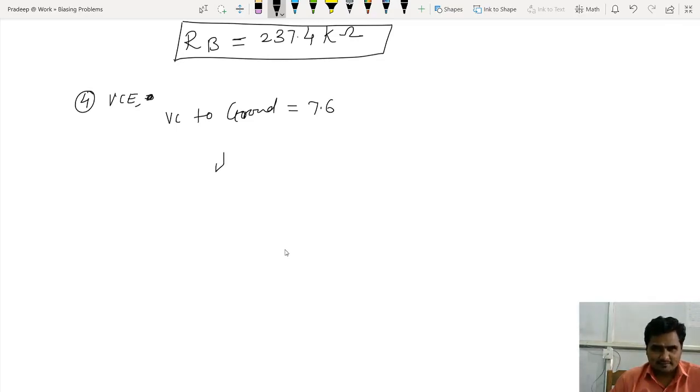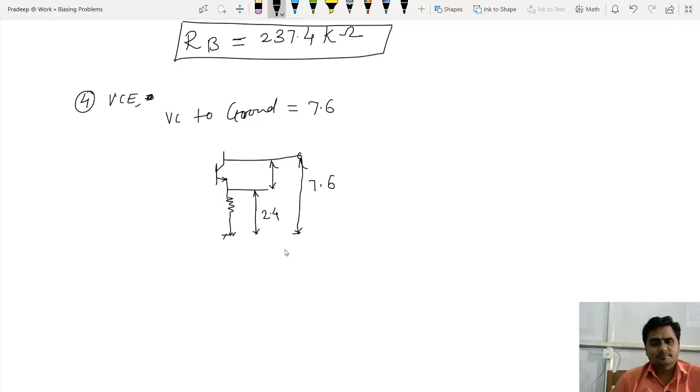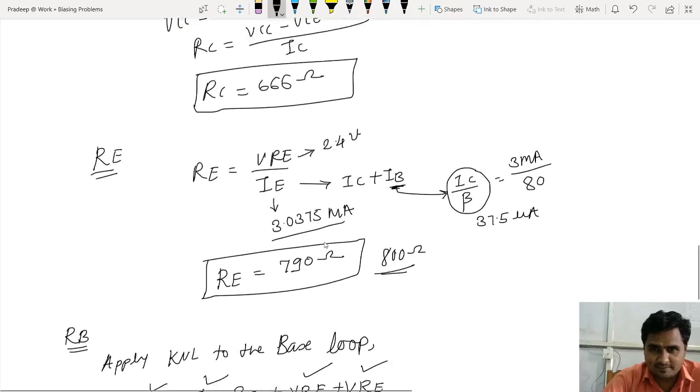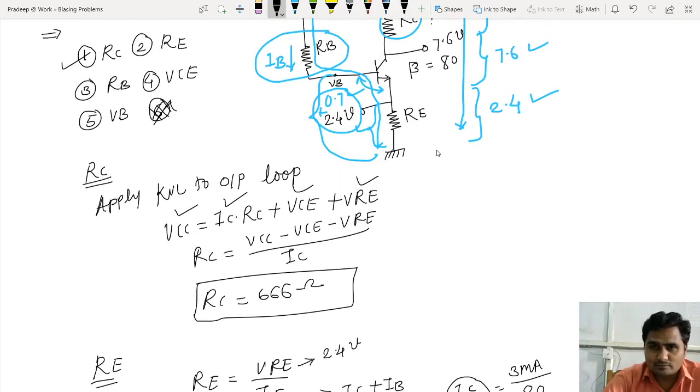Look at this. If I draw, now look at this. This voltage to the ground is given, that is 7.6, and this voltage is also given, that is 2.4. Then can we calculate this voltage? It is possible. Look at the circuit. This is the actual scenario they have specified: collector to ground is given, emitter to ground is given.